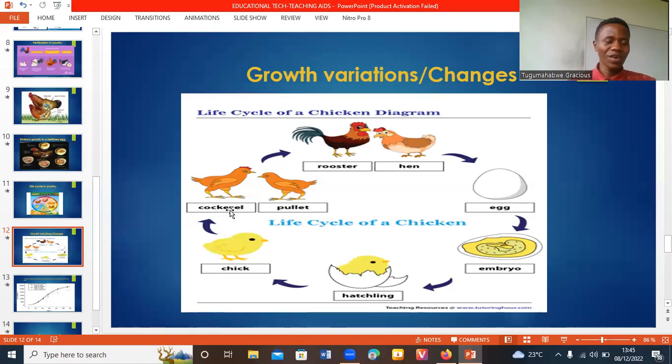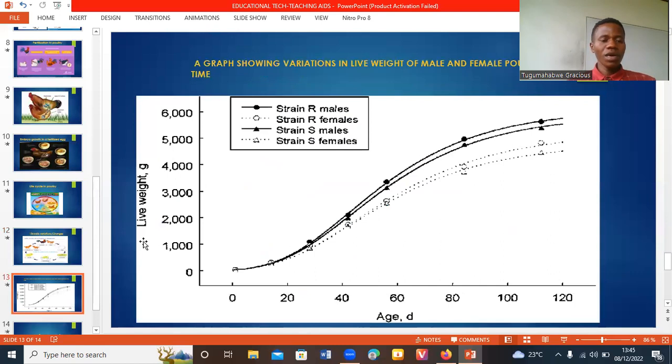So that's how it can help us to explain. I can also use a graph, and this is a graphic. This graph is showing the variation in live weight of male and female poultry with time.